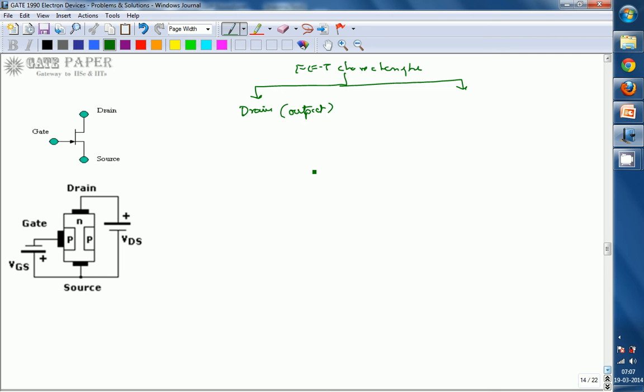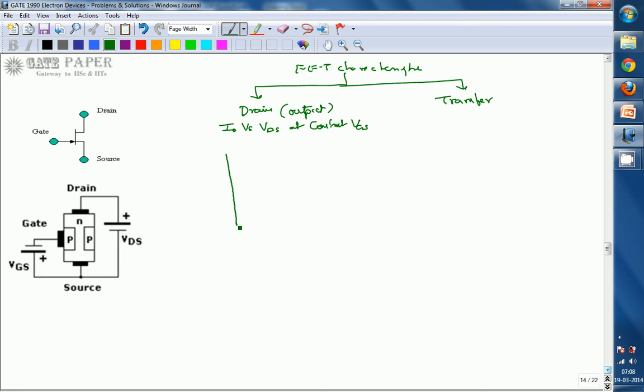The other is transfer characteristics. Drain or output characteristics is nothing but ID versus VDS at constant VGS.